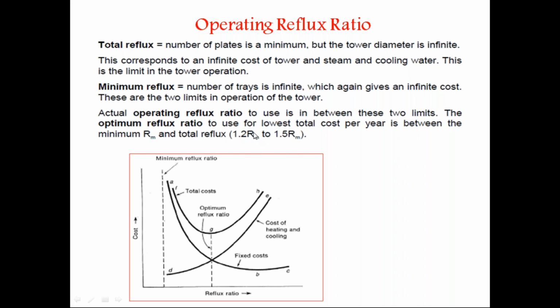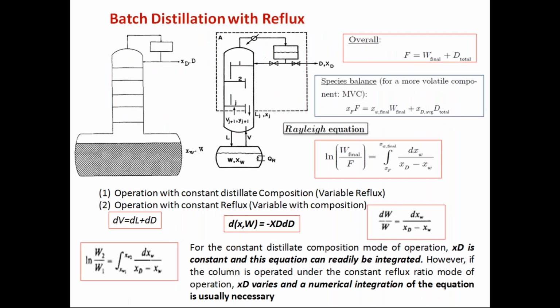So once you estimate, then to select the operating reflux ratio, you can multiply either 1.5 or 1.2 or whatever is given in the problem. You can multiply with that and find out the actual reflux. Then you can proceed with the estimation of the actual number of plates required in the distillation. Okay, so this is how the operating reflux ratio is obtained.